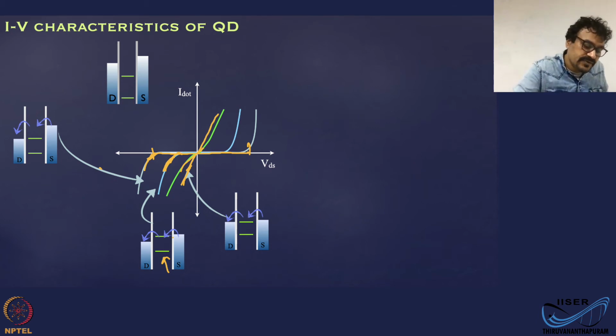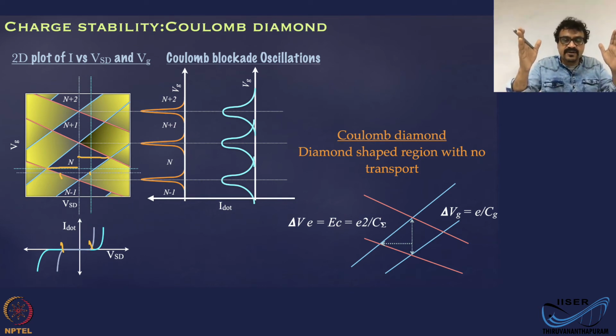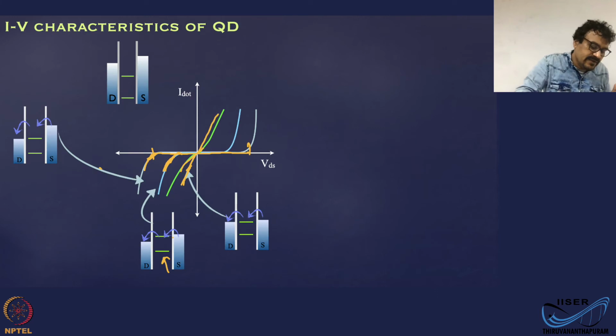So what you're seeing is you have maximum blockade here and here. These are not really symmetric. In general, this diamond is not a symmetric diamond. You start with the maximum blockade and you can reduce the blockade region by applying gate voltage, just like what we saw here.